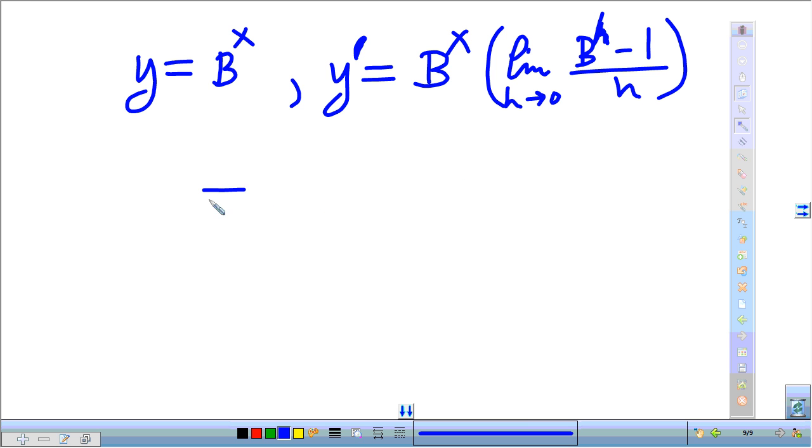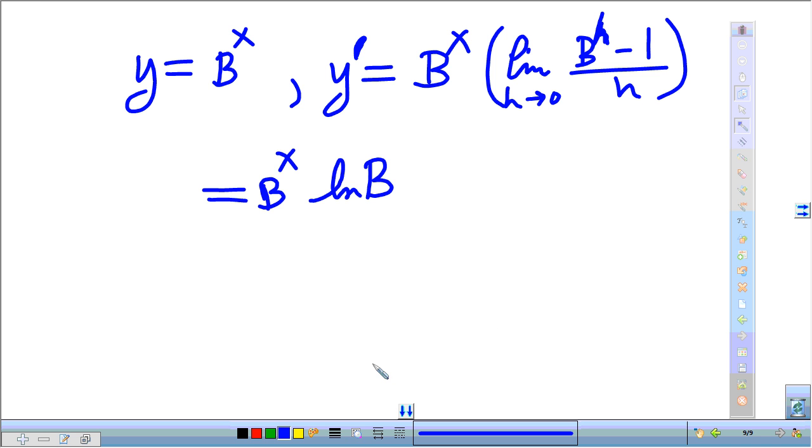Now, a little more, and we'll get to this later, is that limit actually is what's known as the natural log of the base b. So we'll go back and review logarithms and things a little later, but at this point, if you can just write down natural log of some number, or you can get a decimal approximation on most calculators, we won't be using properties of the logarithms at this point, just being able to know that this is a constant, or we could get a decimal approximation.